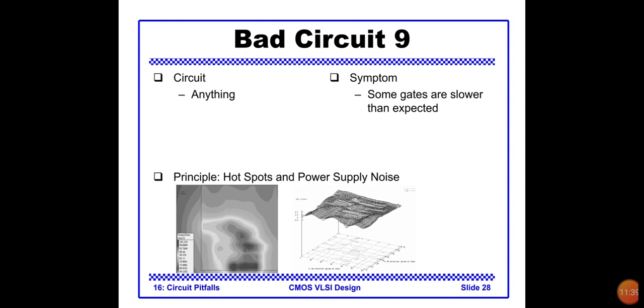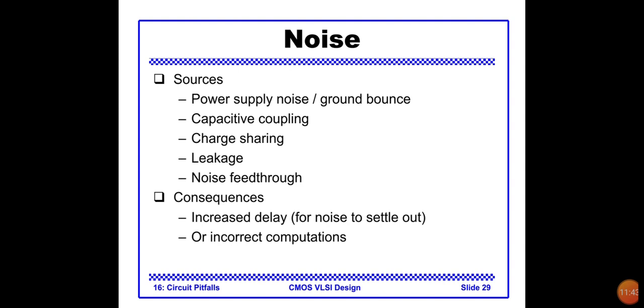The sources of noise are power supply noise, ground bounce, capacitive coupling, charge sharing, leakage, and noise feedthrough. The consequences are increased delay for noise to settle out, or incorrect computations.